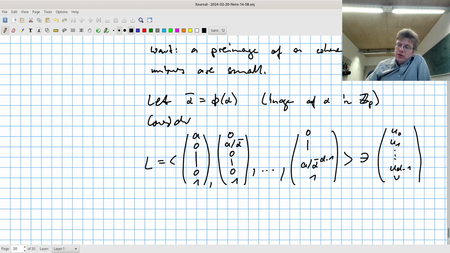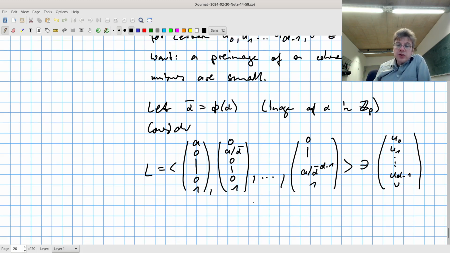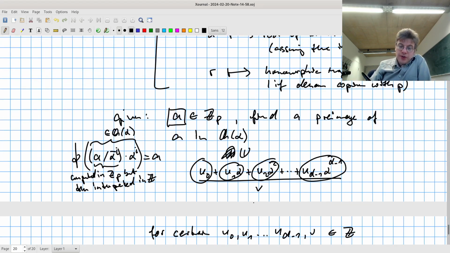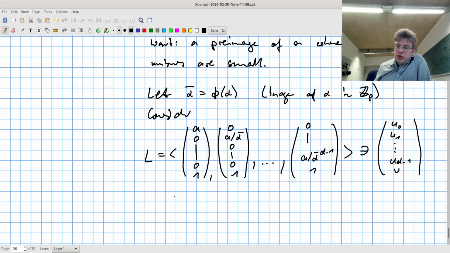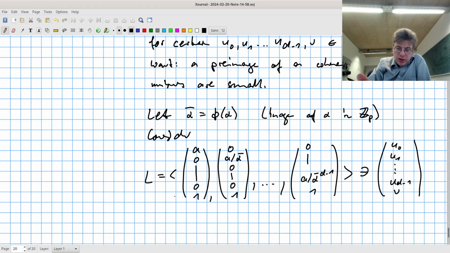Every vector in this lattice would give rise to a pre-image here, because all these are somehow the canonical pre-images, and I can combine them to other pre-images.